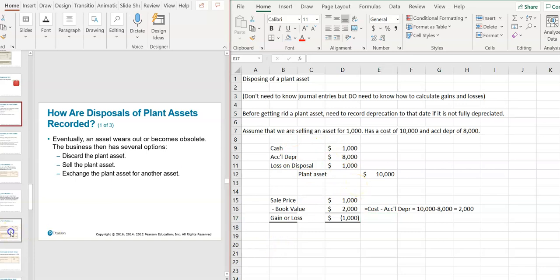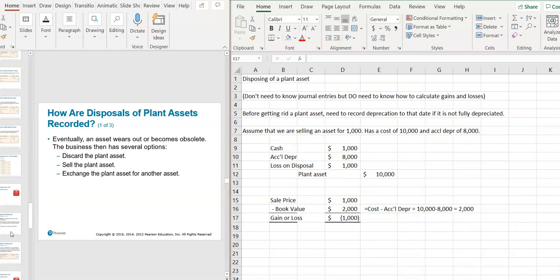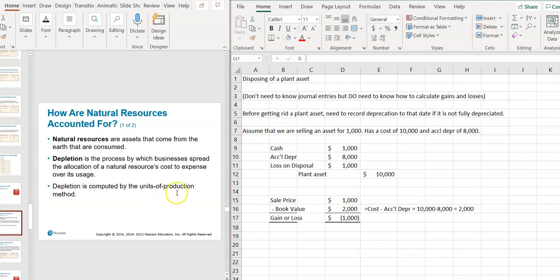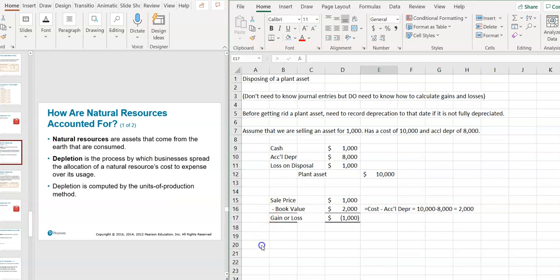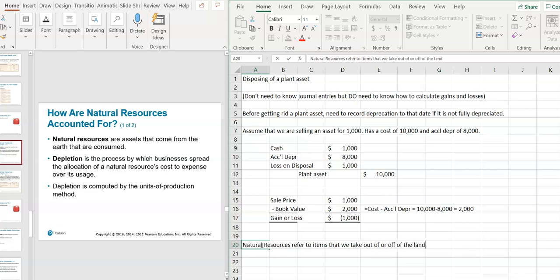Okay, another thing that they talk about a little bit in this chapter are natural resources. Oh, and we're not going to do any numbers with it, but natural resources refer to items that we take out of or off of the land.